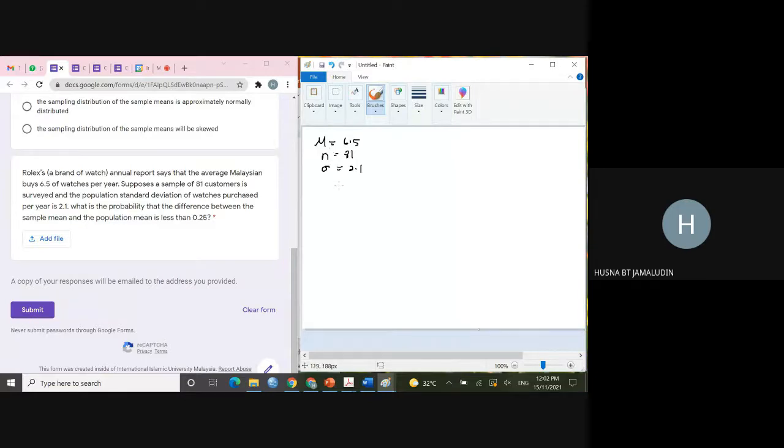What is the probability that the difference between the sample mean and the population mean is less than 0.25? So how to answer this question? Let me draw a diagram first. What is the middle? 6.5.